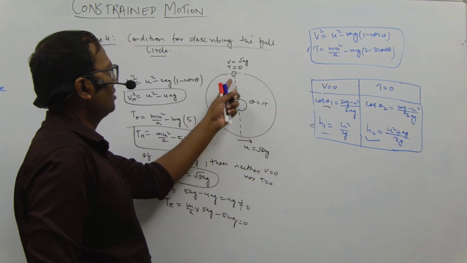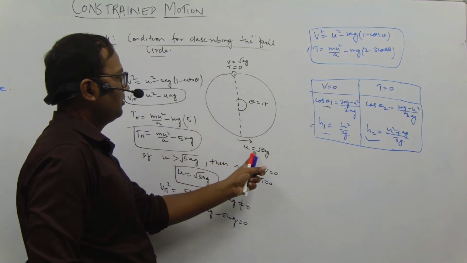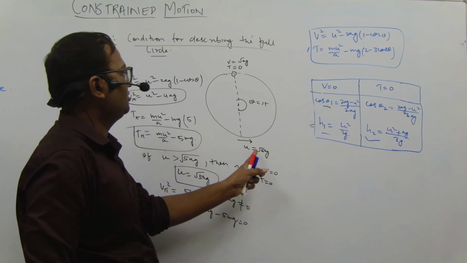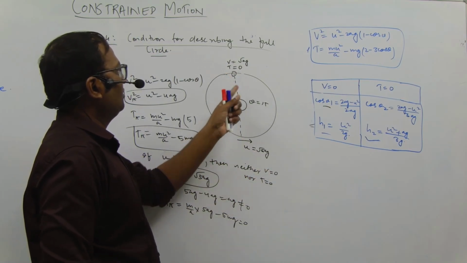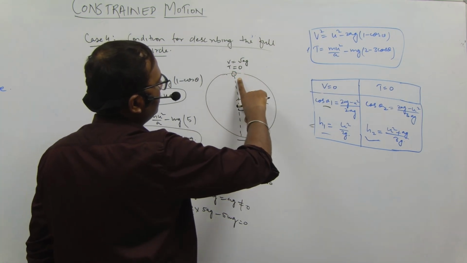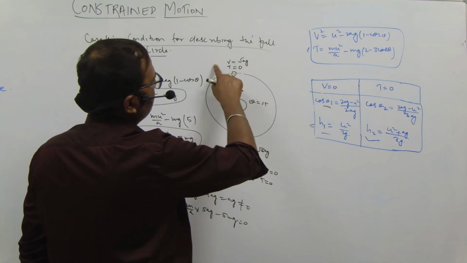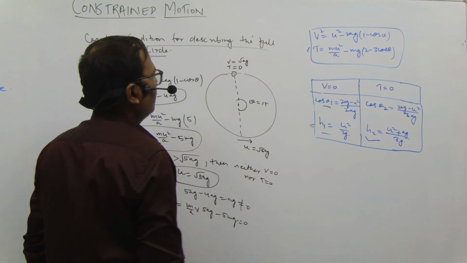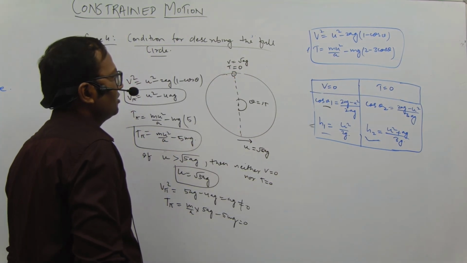So at this particular point, if the initial velocity is equal to root under 5ag, then the tension becomes momentarily 0, but velocity is not equal to 0. Then it will be able to describe the complete circle.